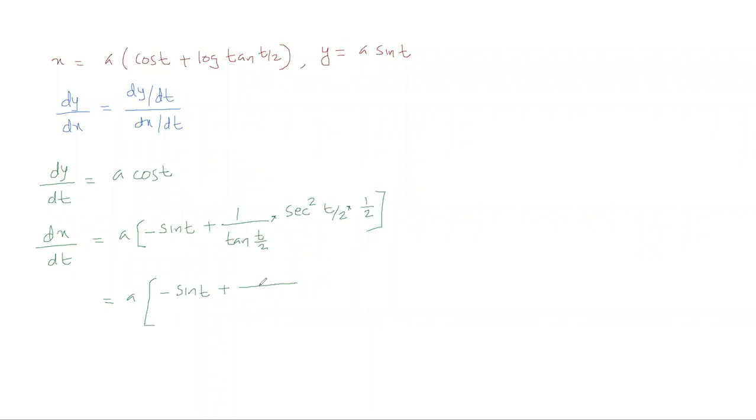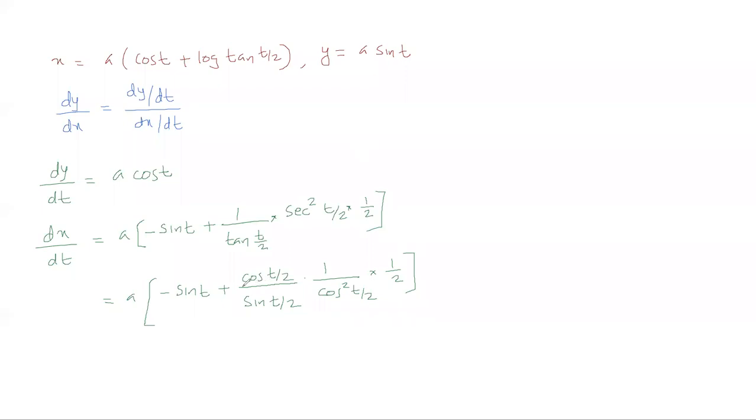Tan t by 2 is sine divided by cos. So it is cos t by 2 divided by sine t by 2 into sec square can be written as 1 by cos square t by 2 into 1 by 2.